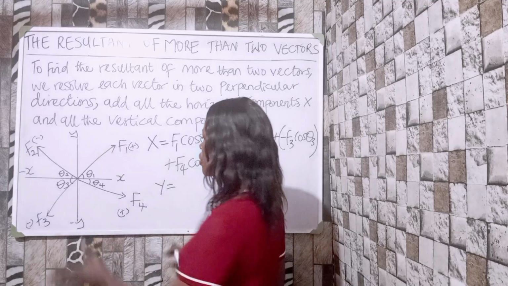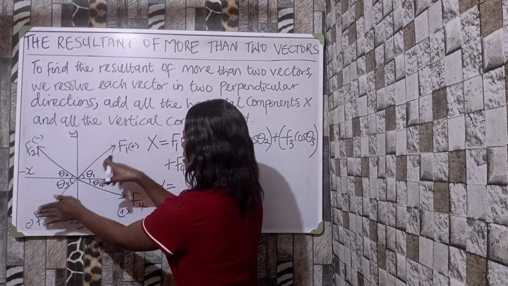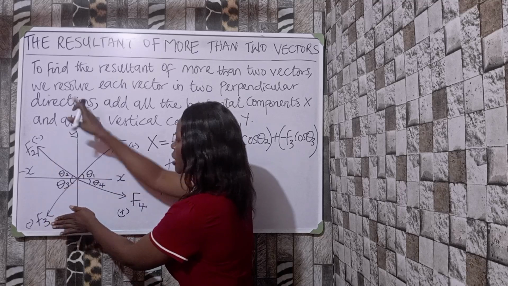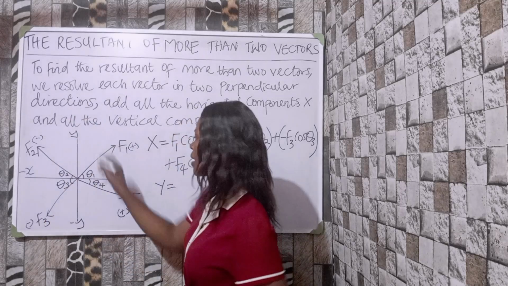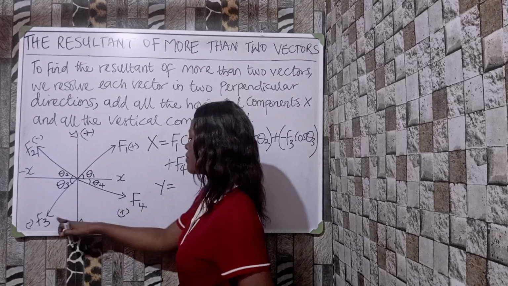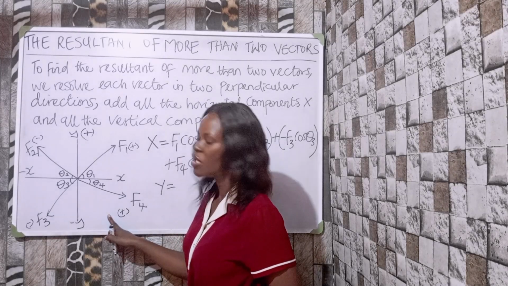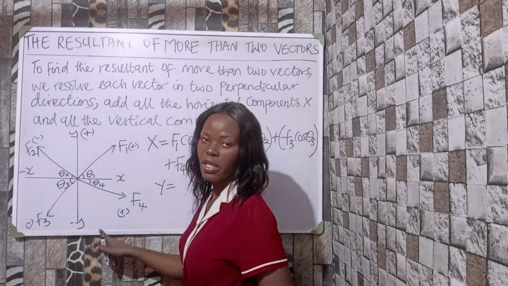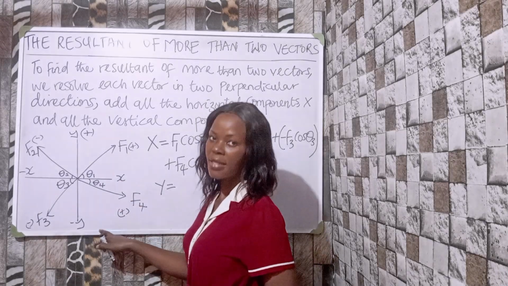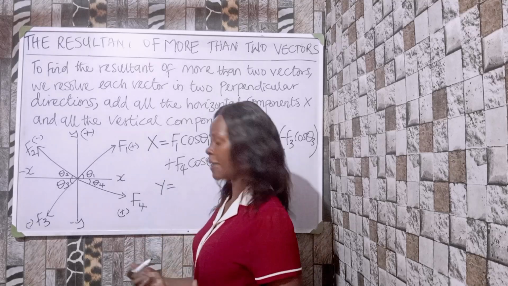You can cover this side this way, so that f1 and f2 are in the positive side of y, and f3 and f4 are in the negative side of y. Is that okay? So when we are moving, we must make reference of positive and negative. In other words, we are resolving all at the same time.